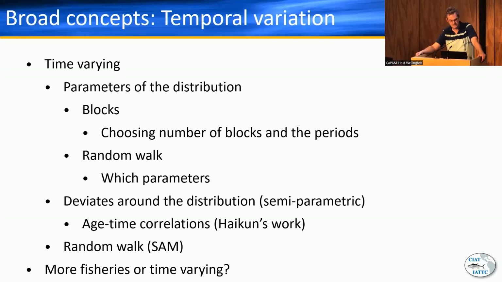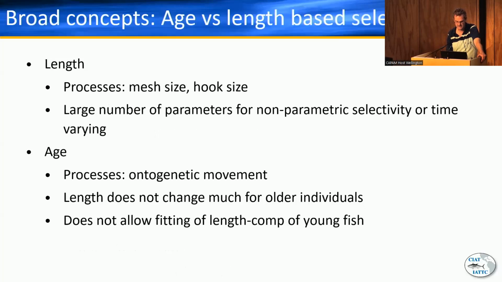You could also do deviates around a distribution, so this is the semi-parametric approach. This could be age and time correlations, like Haikun's done in a couple of his papers, or you could be using a random walk like implemented in Anders' SAM package. And again, as I mentioned before, do you want to do more fisheries or do you want to model time-varying selectivity?